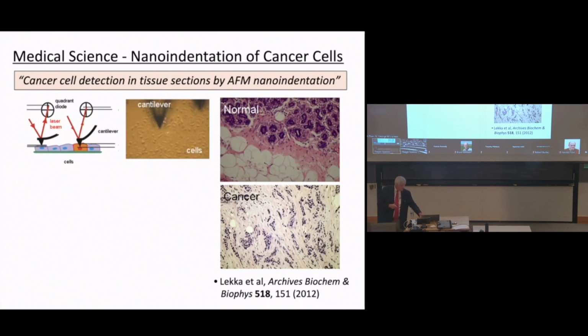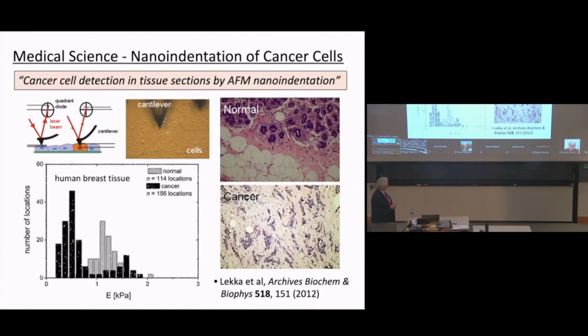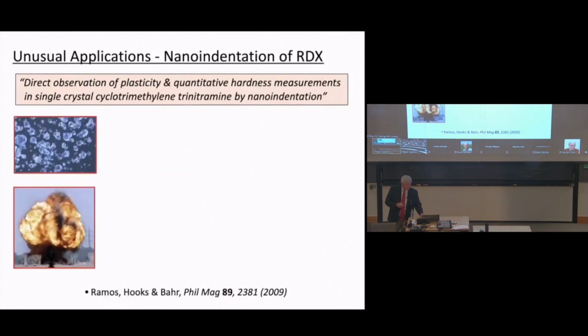And what they found in this study is that this was in human breast tissue, that in fact the cancerous stuff actually has a lower modulus on average than the stuff that's normal. And people in the field of cancer continue to use these things to try to understand exactly what's going on in cancer cells.